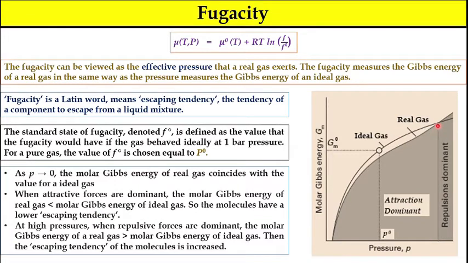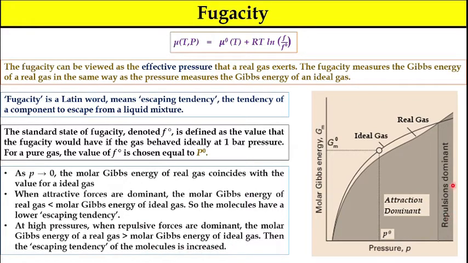But after the crossing point, you can see at high pressure, when repulsive forces are dominant, here you can see repulsion dominant. So when repulsive forces are dominant, the molar Gibbs free energy of a real gas is greater than the molar Gibbs free energy of an ideal gas. Then the escaping tendency of the molecule is increased.